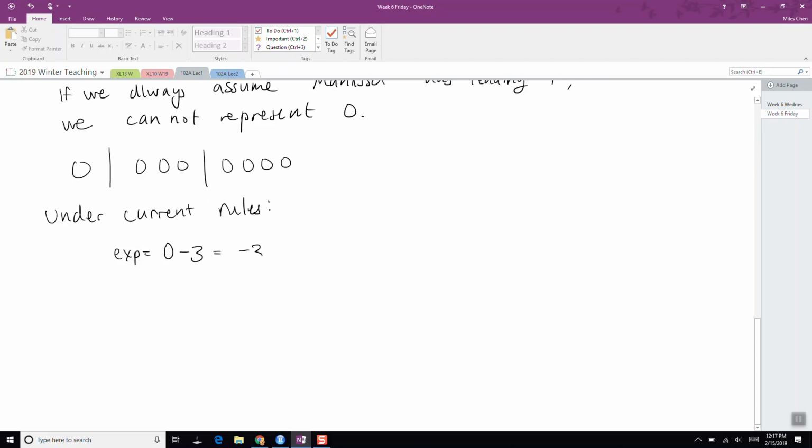I get an exponent of negative 3, and the mantissa is 1.0000 times 2 to the negative 3, and this becomes 1/8. And I am not able to represent 0.